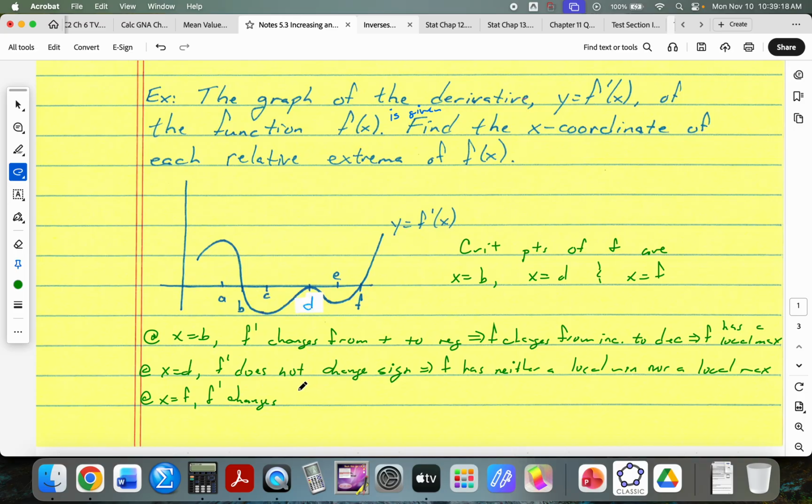So f prime changes from negative to positive. Right? F prime is negative here, f prime is positive over here. Therefore, f changes from decreasing to increasing. So f has a local min.